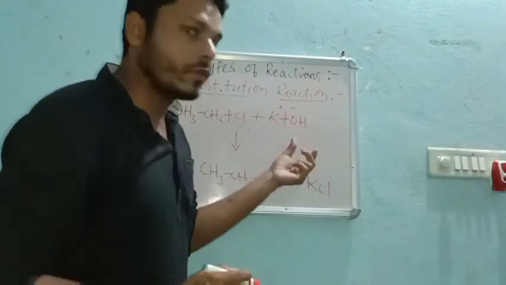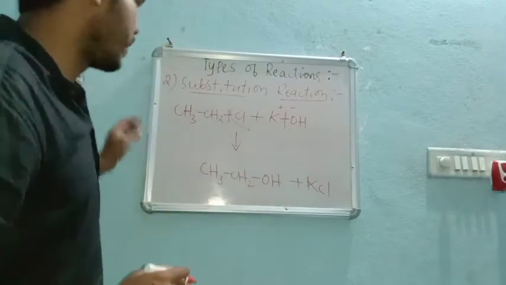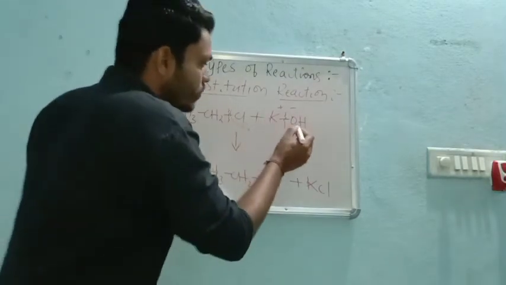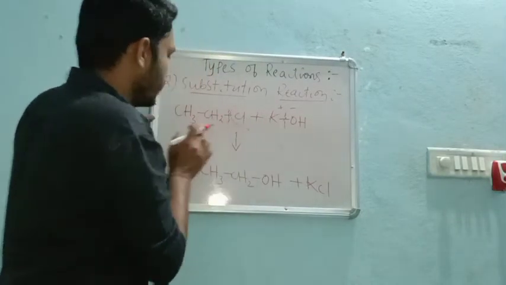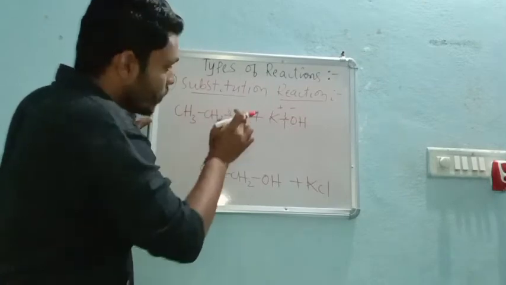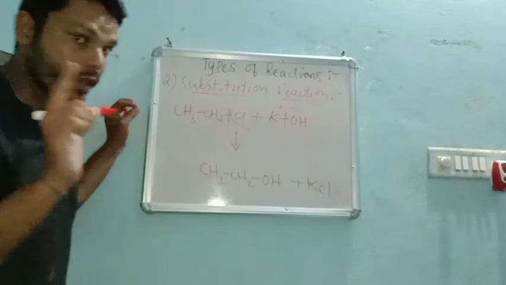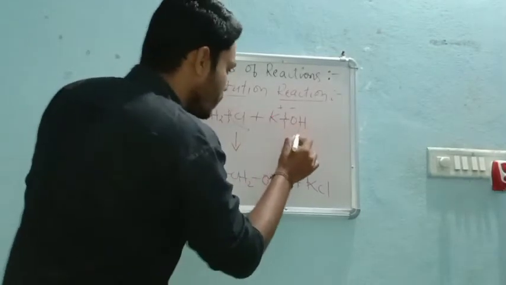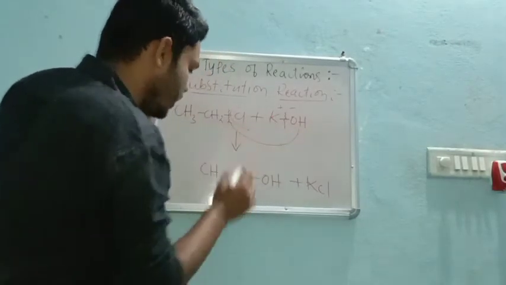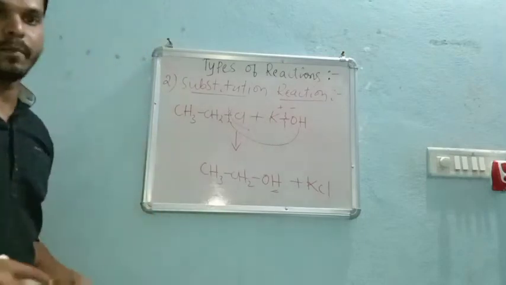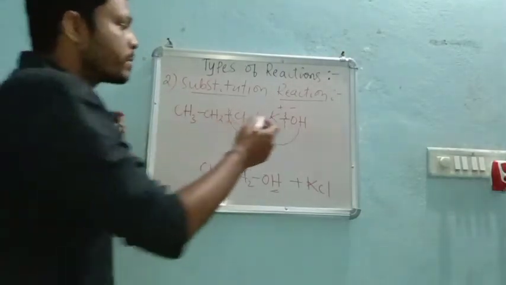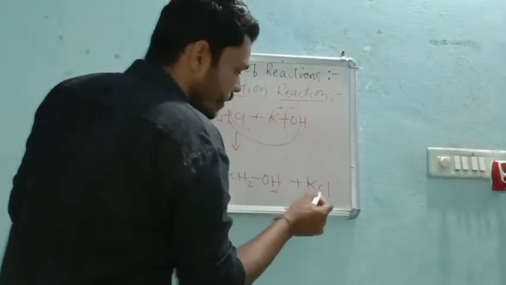So the same thing will happen, and the OH bond will be broken. Now, because one negative character is going out from this group, we have to add a negative only. So in the place of Cl, see here, OH has K, and in the place of OH there is a Cl.